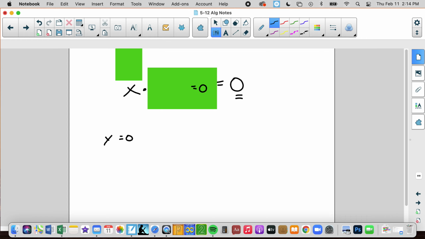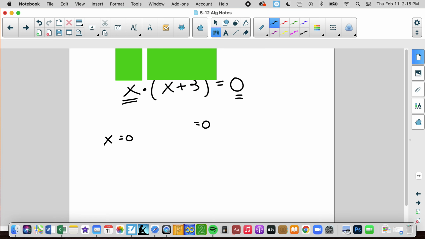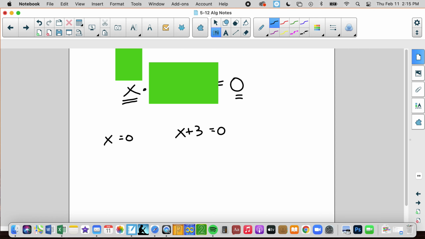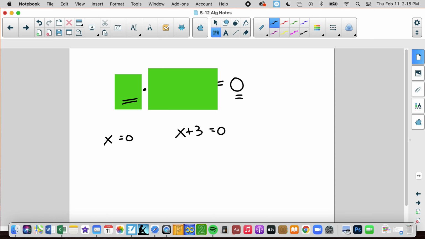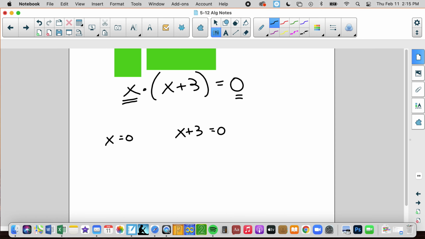Okay, so this has to either be equal to 0 or, let's look what's underneath this box, x plus 3. Okay, so then x plus 3 has to be equal to 0, right? Whatever is underneath there has to be equal to 0, because the only way the product of those two is equal to 0 is if this is equal to 0, which we write like this, or if this is equal to 0.